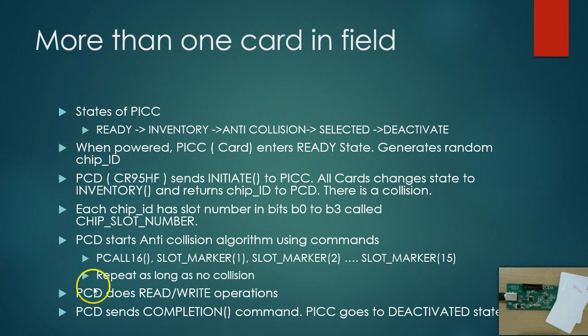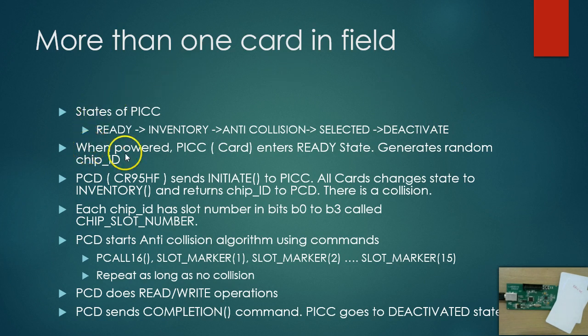Now let's go through this slide. I put some of my thoughts here. In case of more than one card, the states of the PICC go something like this: from ready to inventory, then it goes through the anti-collision loop, and one card gets selected. You can do all the read and write, and then it gets deactivated.